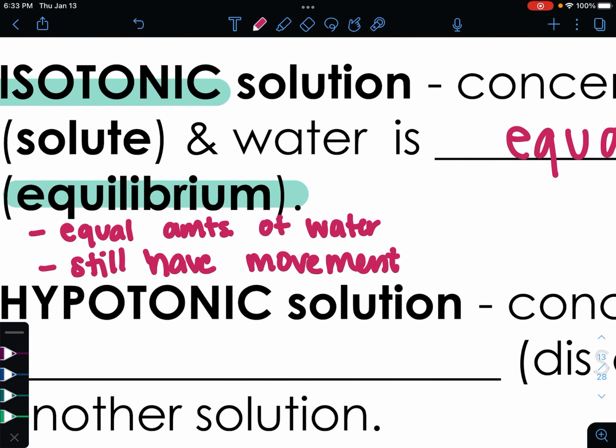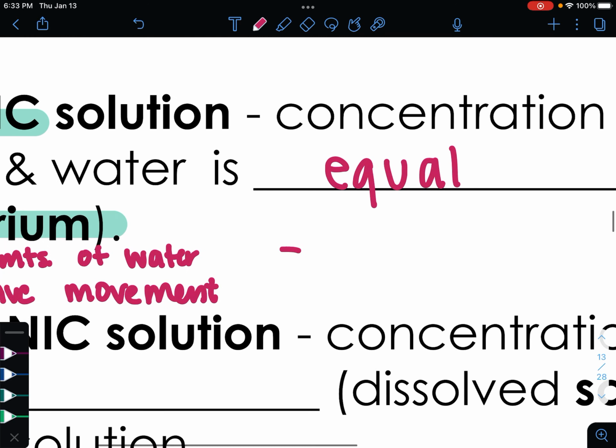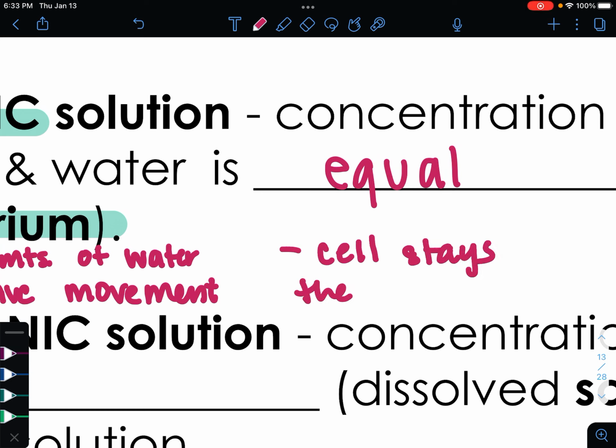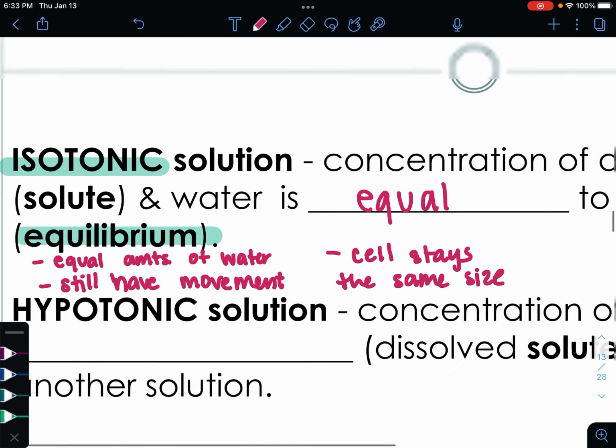And then also when we're talking about an isotonic solution, the cell is going to stay the same size. Because again, remember, we're going to have equal amounts going back and forth, so the cell isn't going to change size.